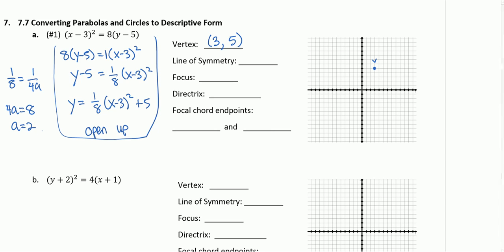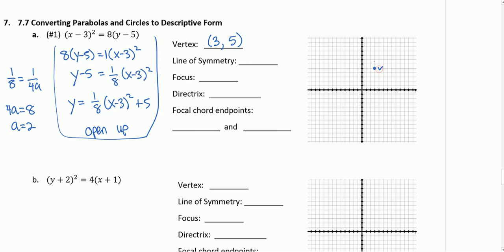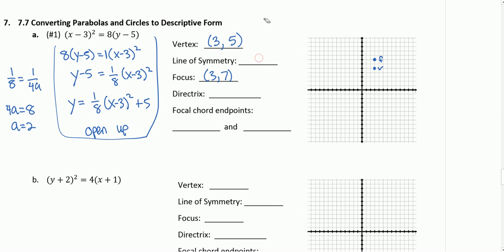And because our parabola is opening up, we're going to go up 2 units from our vertex, and so that's going to be at 3, 7. Sorry, that's the focus, not the line of symmetry. Let me correct that.